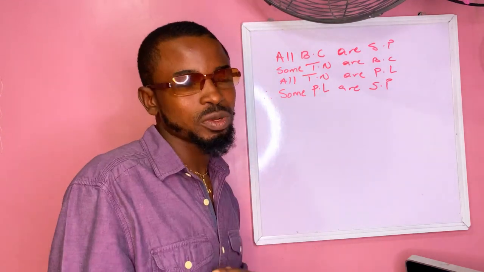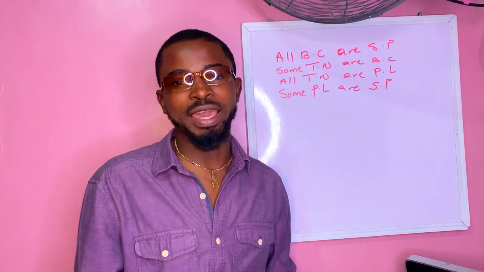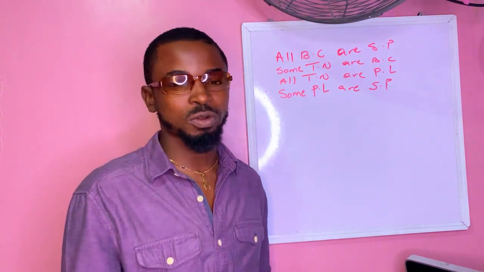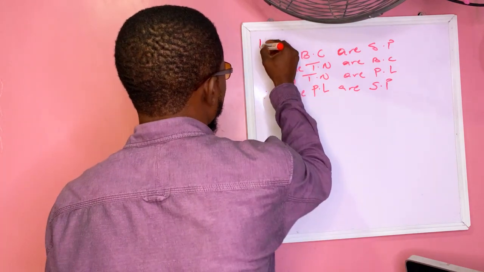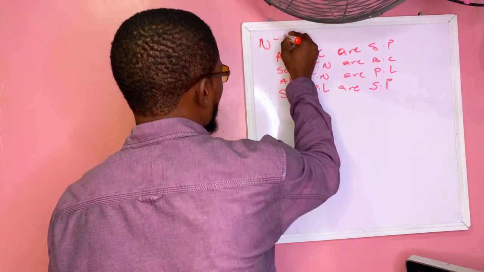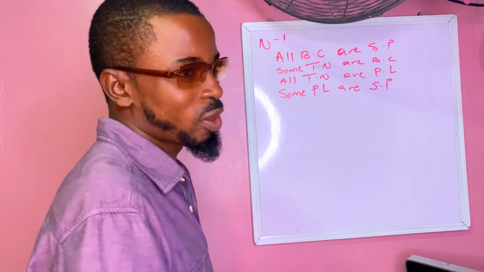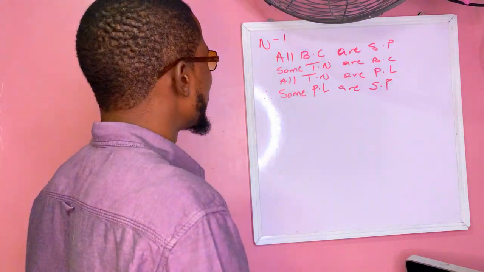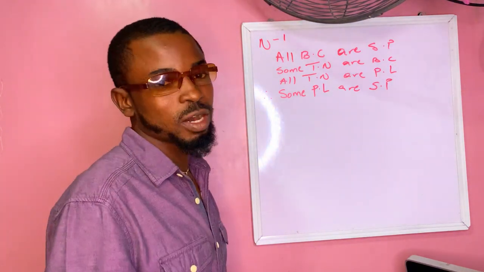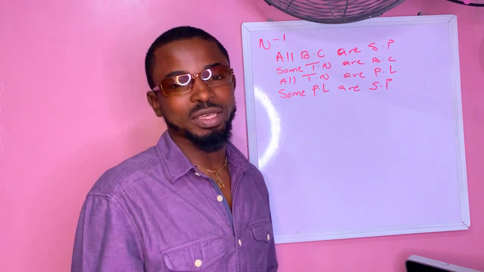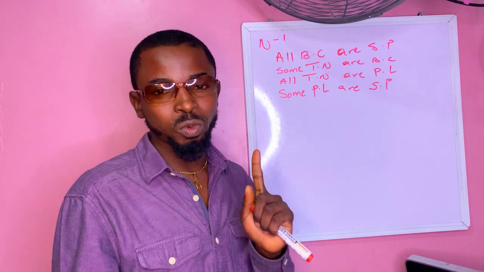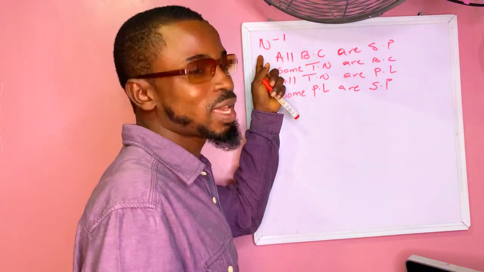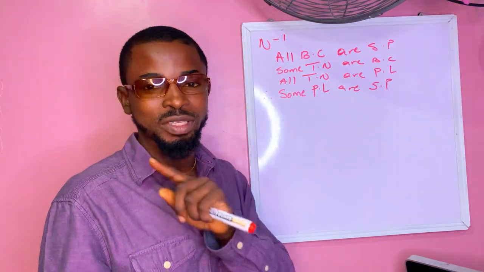So now the formula that we use in resolving a SORITES argument is called n minus 1. N means the number of premises, so the number of premises minus 1. So the point I'm trying to make is that what determines how many syllogisms we are going to be having in one SORITES is the formula n minus 1, the number of premises minus 1.